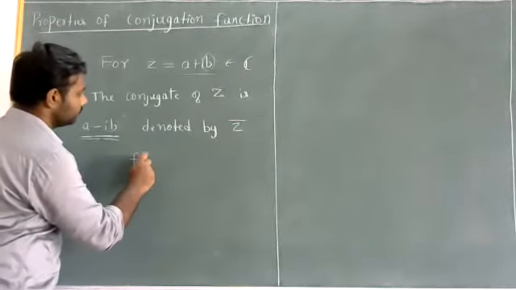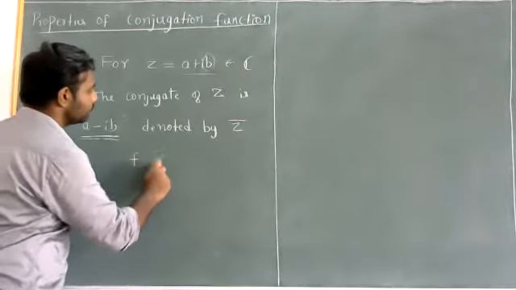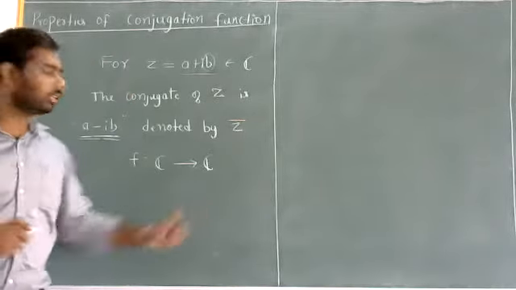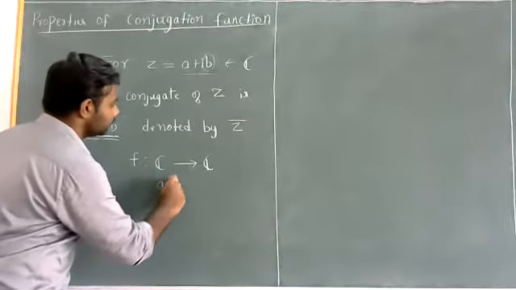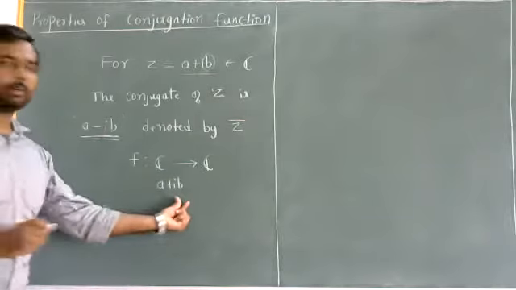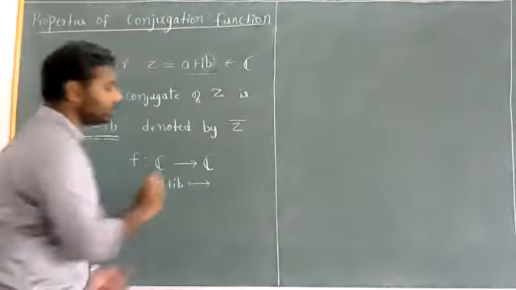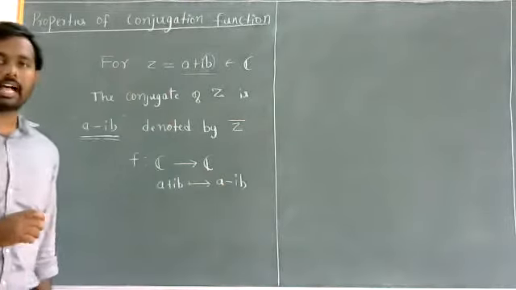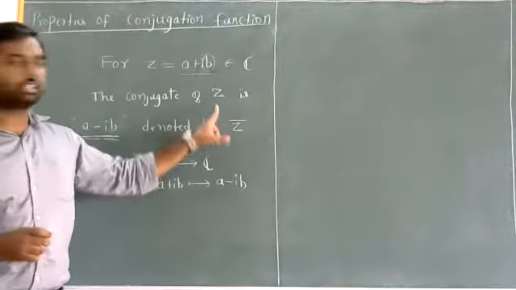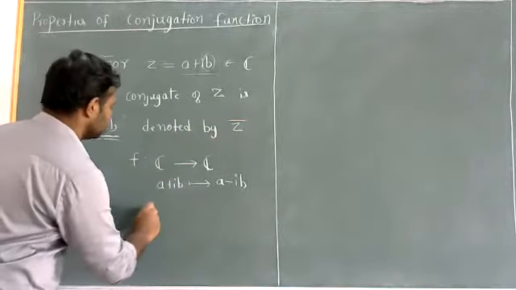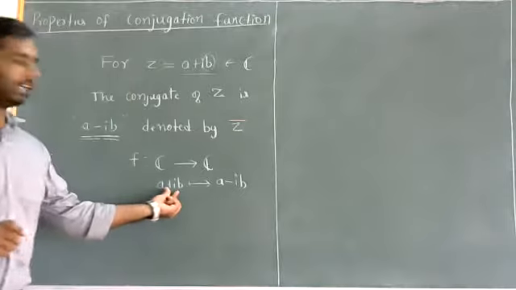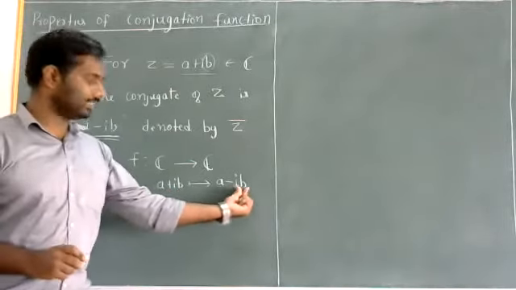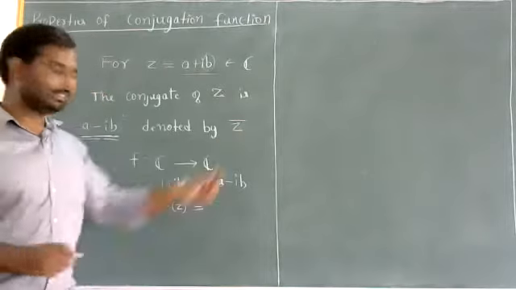Conjugate function. It is the function from C to C which carries every complex number a plus ib to its conjugate, which is a minus ib. Or according to our notation, f of z, the image of z, is a minus ib, and we denote it by z bar.